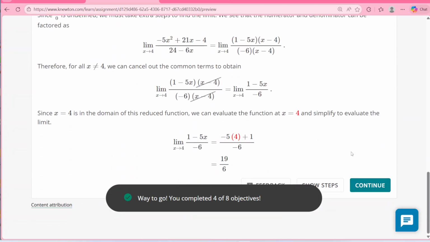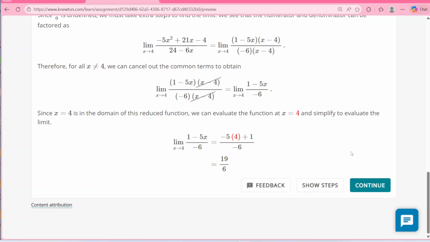A lot of those in that objective were this 0 divided by 0 problem. Can you rewrite the expression so that you get something that's equal to the original everywhere except at the value you're plugging in? And then, oh, now I can plug it in because I've simplified it in a way that works.